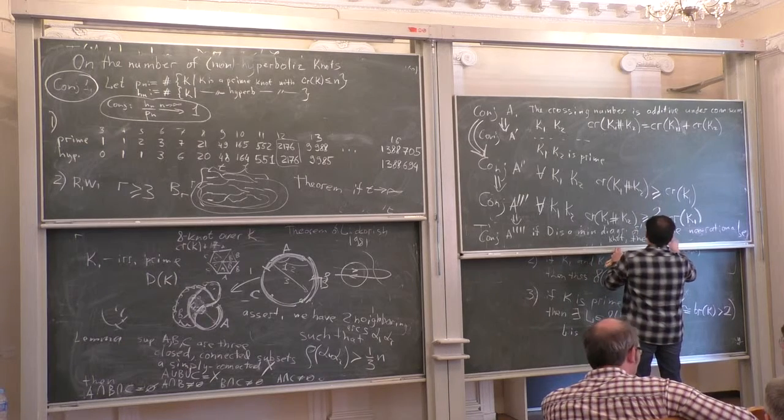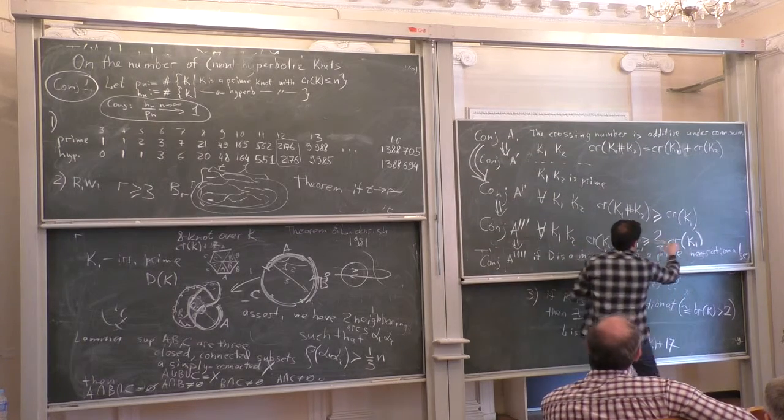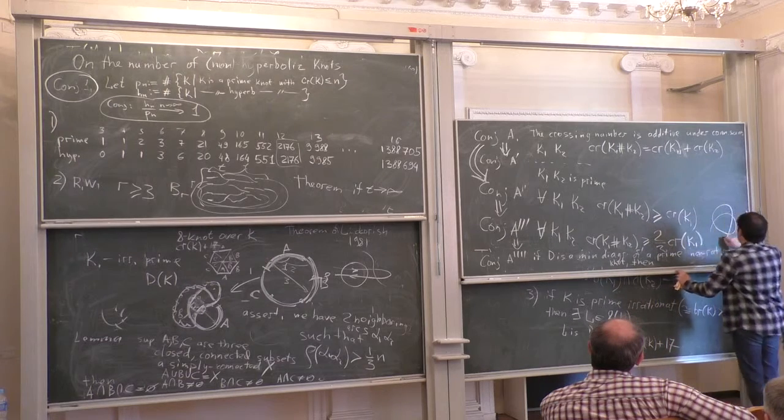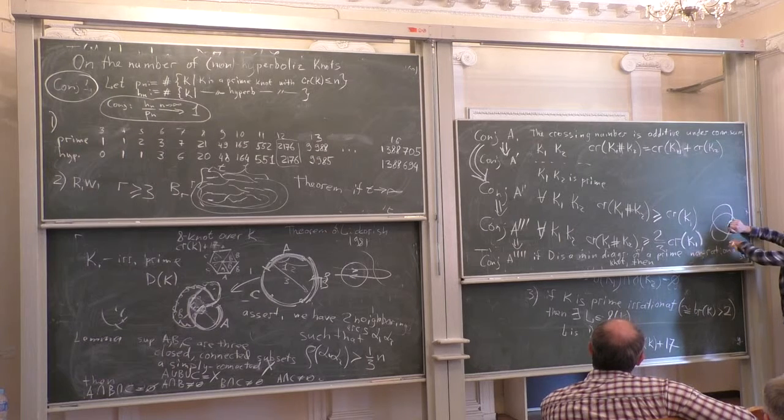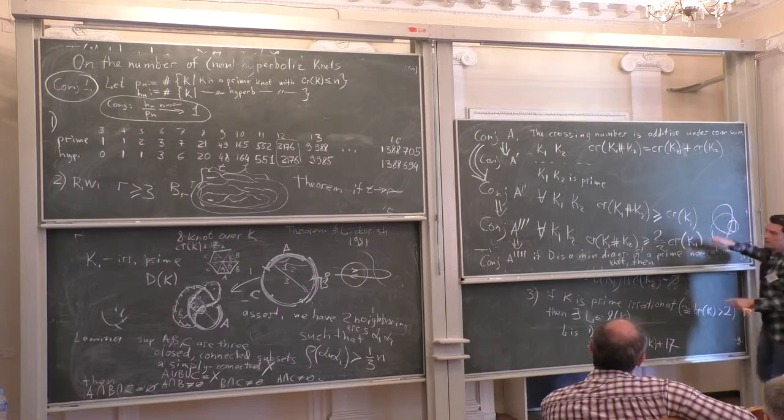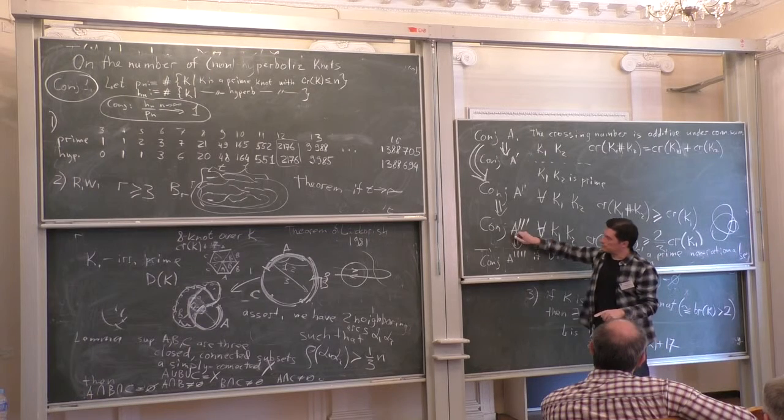then whenever in this diagram I find such a disk intersecting the diagram in two arcs, then the complement will be a prime tangle. So I use this conjecture, and this one follows from this one.